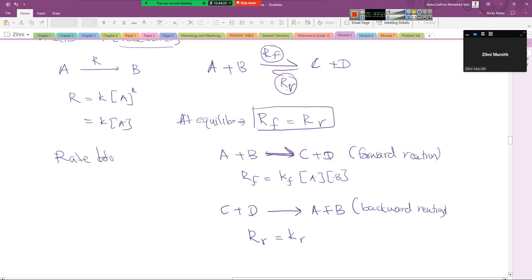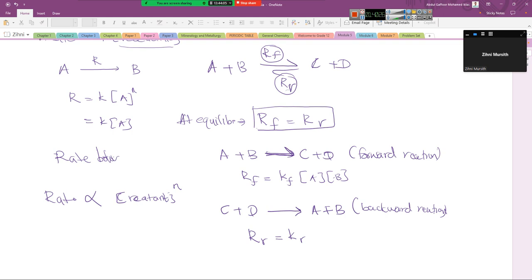So the rate law tells that the rate is proportional to the concentration of the reactants, and if it is an elementary reaction it will have n as the order of reaction.